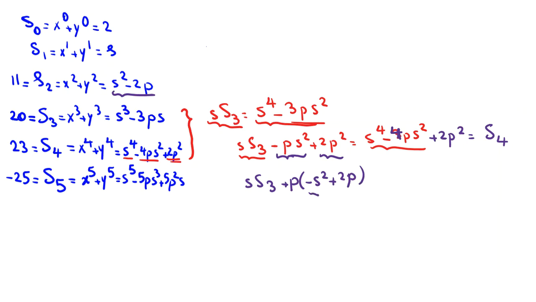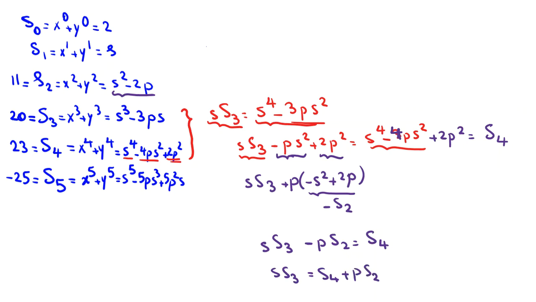So it will be what? Negative S2. So sS3 minus pS2 equals S4. And you can take all things to one side, sS3 equals S4, this part to the other side, pS2.